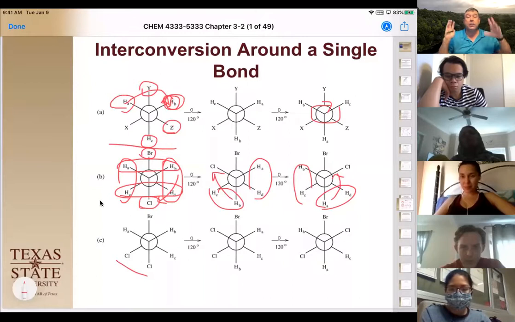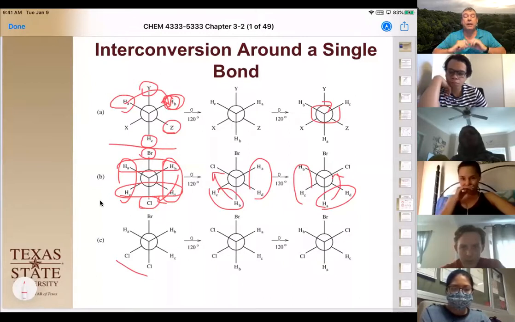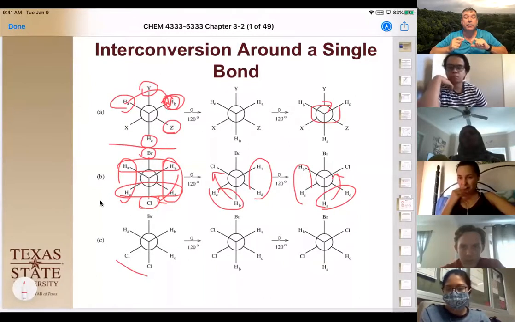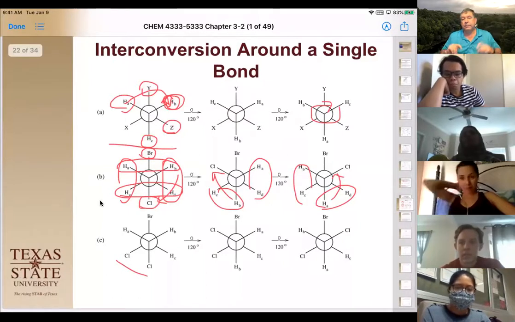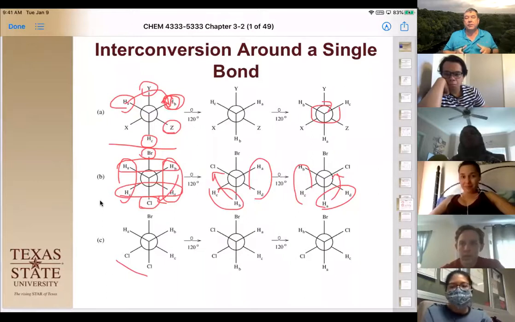And in the most extreme case of this, we have an alkene where you have zero rotation. And if you have a monosubstituted alkene, all three of those hydrogens are going to have a different position and a different coupling constant. Okay. Are you starting to see how the dynamics of the system can change, right?